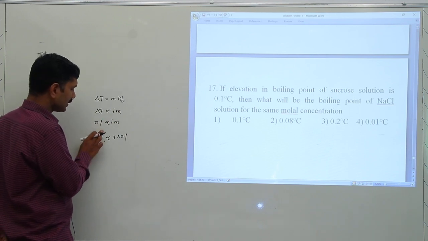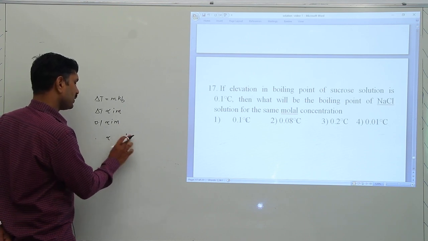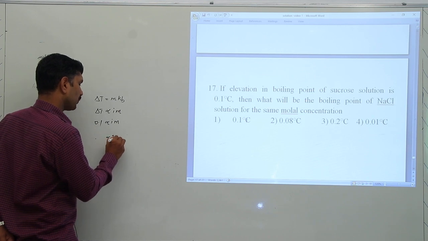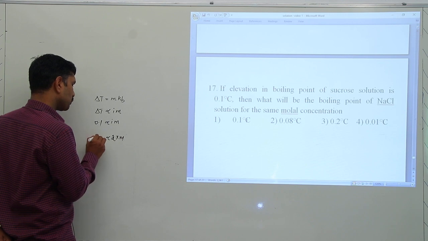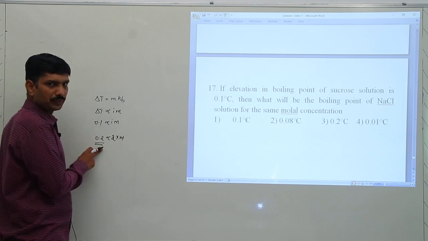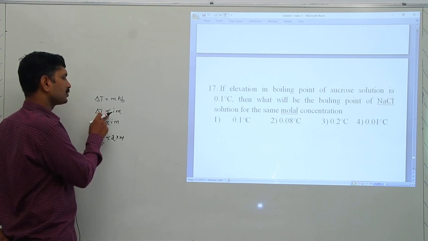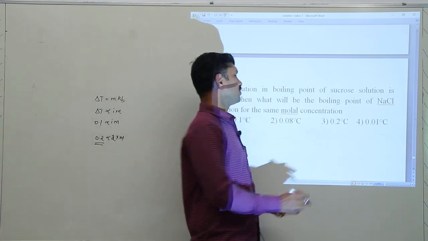But in this case, what's the I value? 2, it's the number of particles. I value 2 into M. So I value equal to 2 means this value doubles to 0.2. Delta TB becomes double, so 0.2 is correct. So the third option is correct.